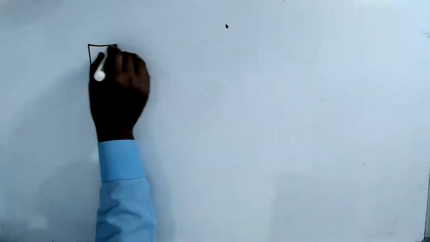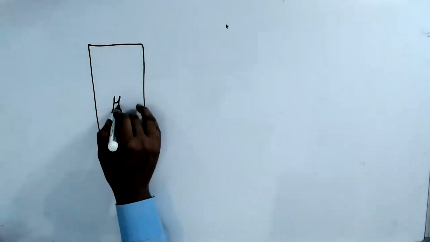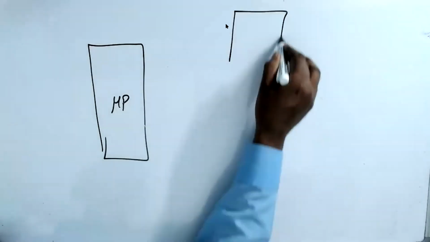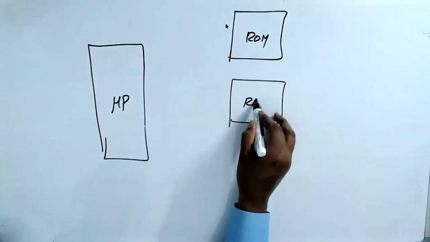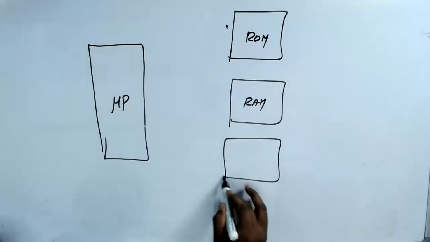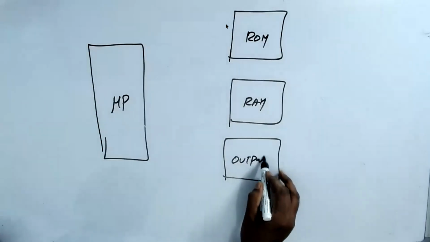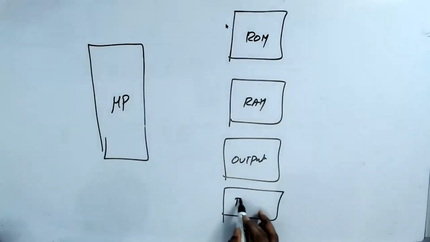Every microprocessor-based system has these 4 units: microprocessor, ROM, RAM, output, input. That's it.